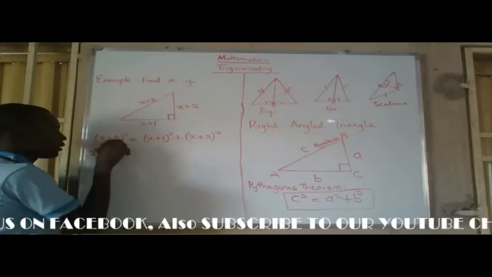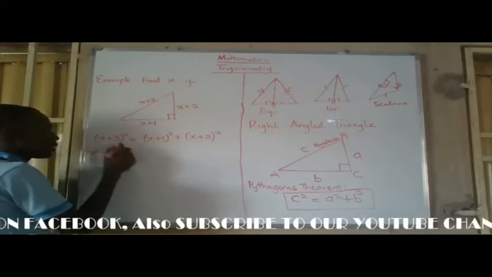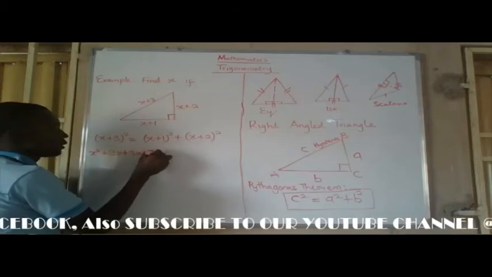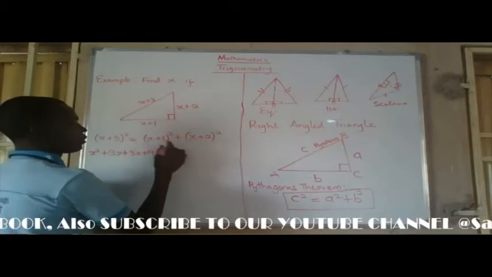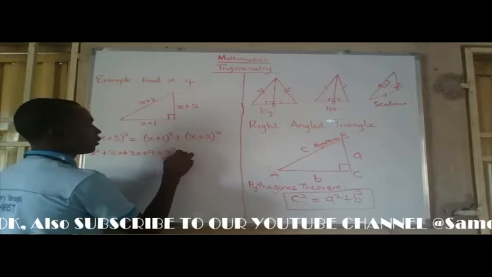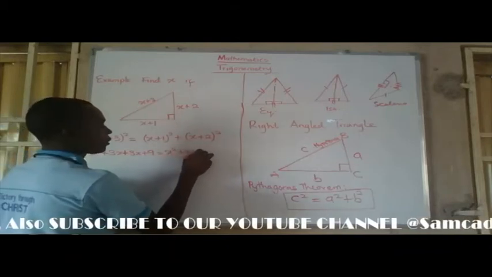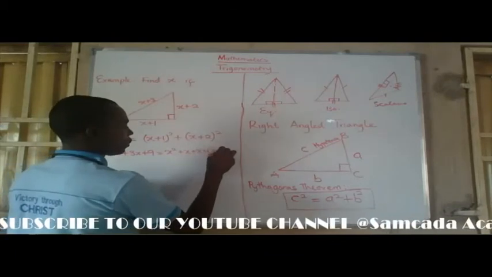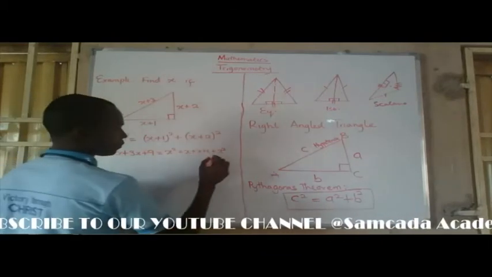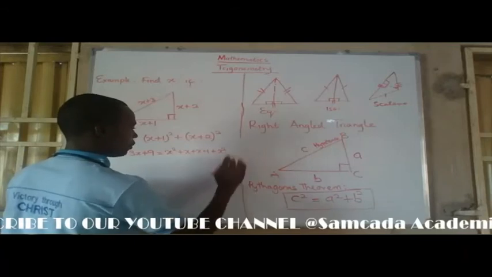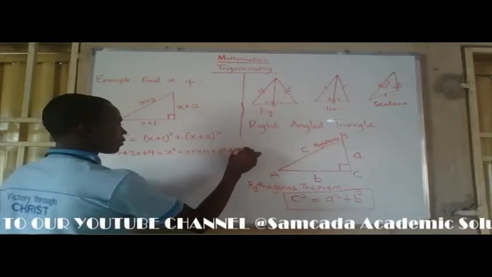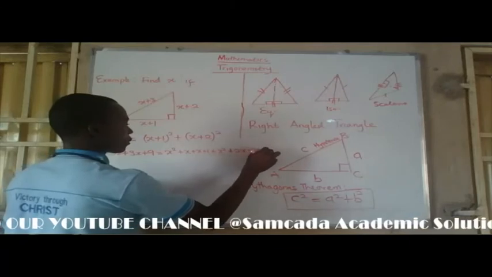Now take this 3, multiply everything in the bracket. 3 times x is 3x. 3 times 3 is 9. And in the same way, this is going to be x squared plus x plus x plus 1. And then this is going to be x squared, to expand this bracket, plus 2x plus 2x plus 4.